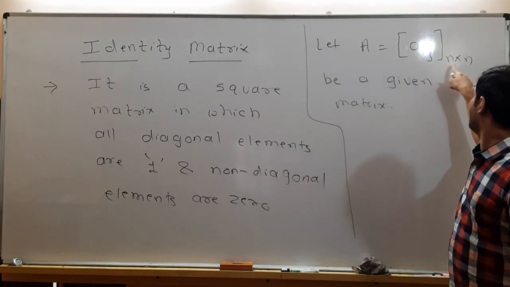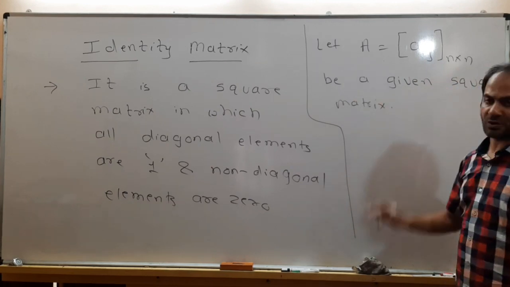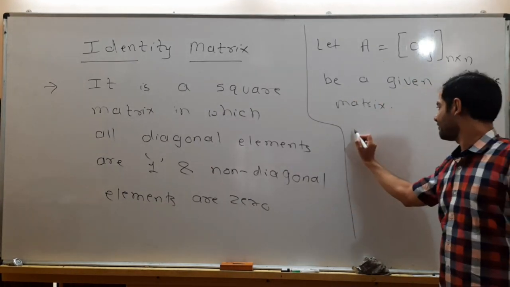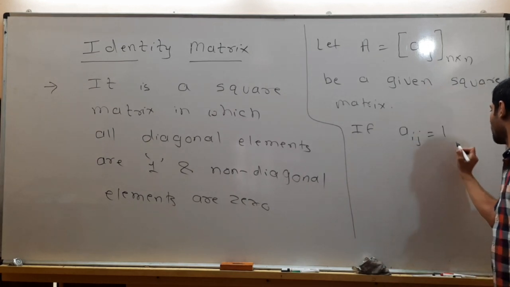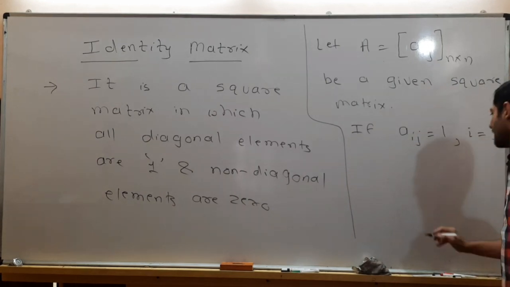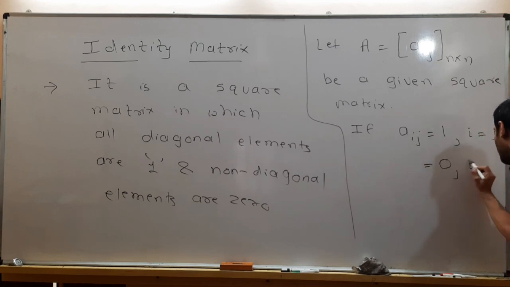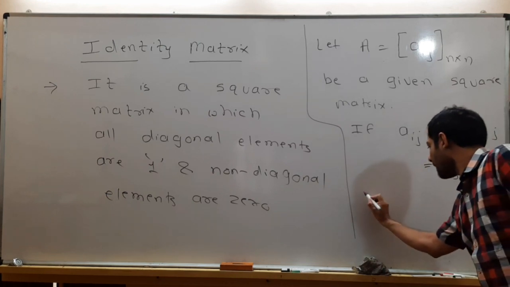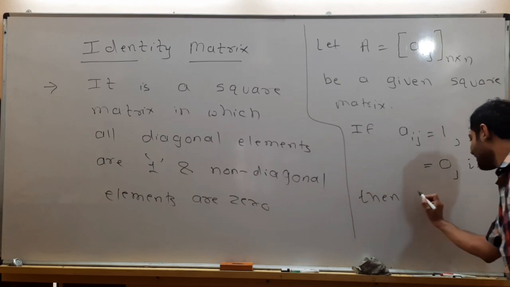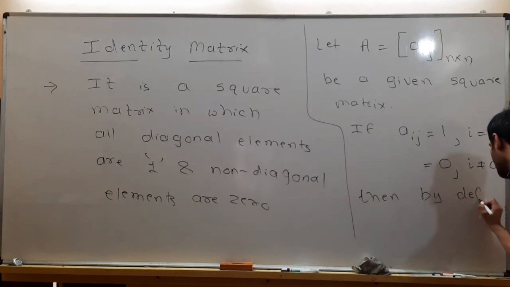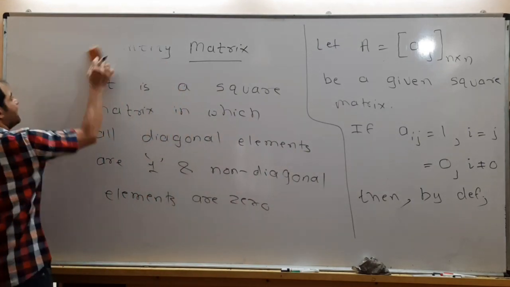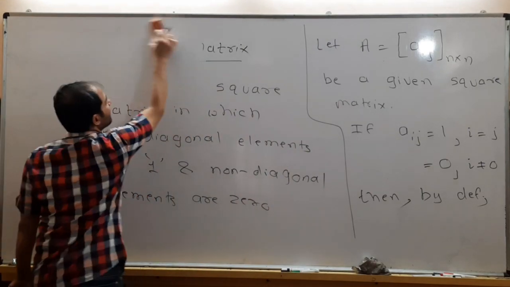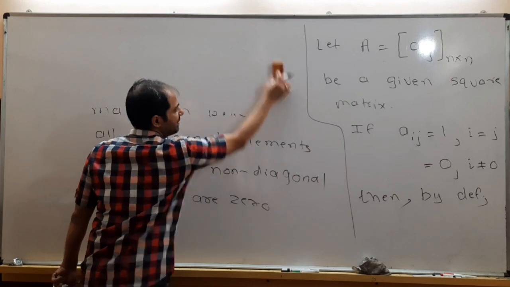If Aij is equal to 1 for i is equal to j and 0 for i is not equal to j, then by definition A will be an identity matrix.